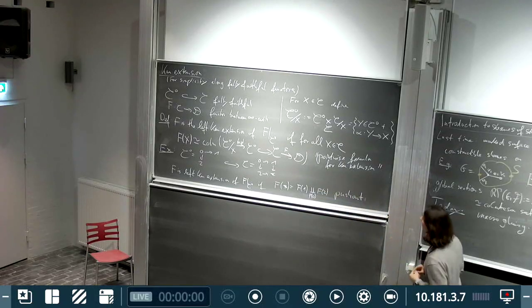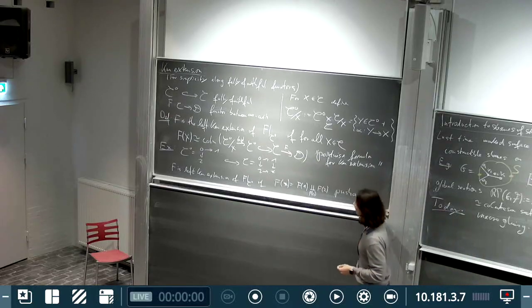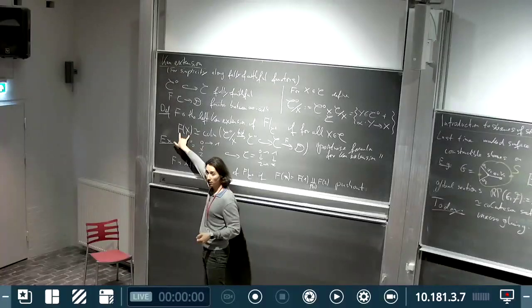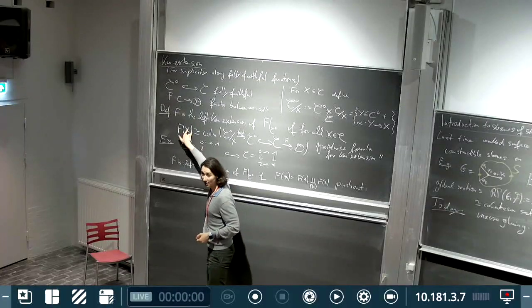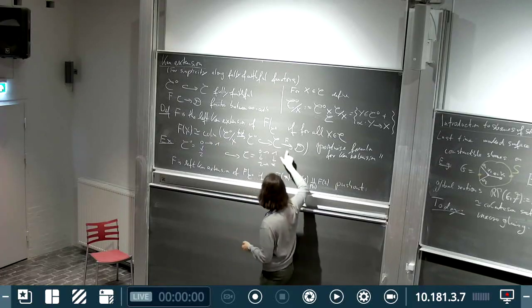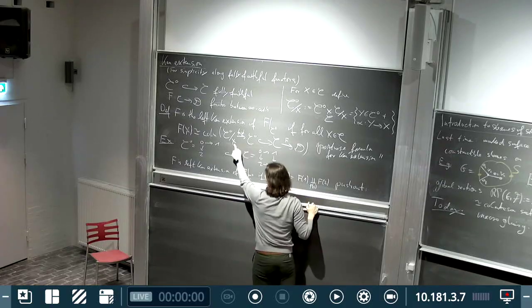It's a subcategory of the slice category. And so the condition is that for every object x, the value of the functor at x is given by the colimit over the relative slice category of this functor. So basically, this is the restriction of F to the relative slice category.